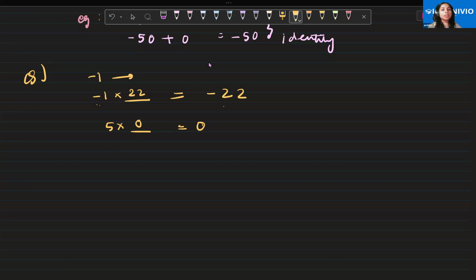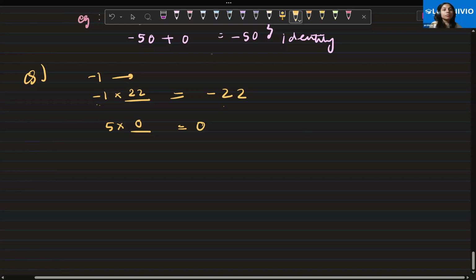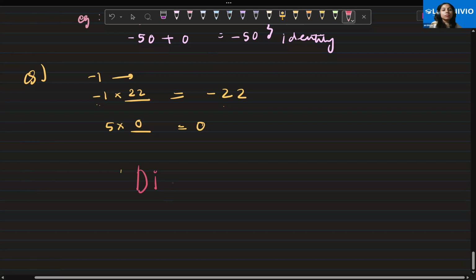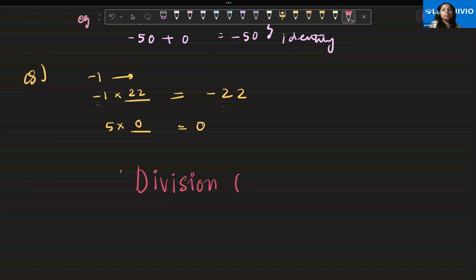Do you have any question? No, ma'am. Okay, so let's start with division of integers. Everyone write down the heading, division of integers.